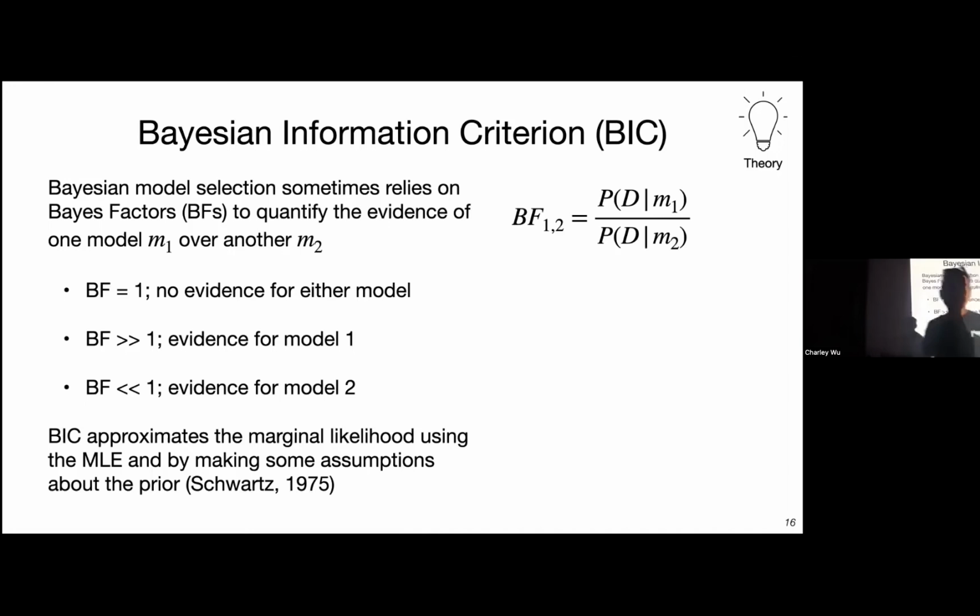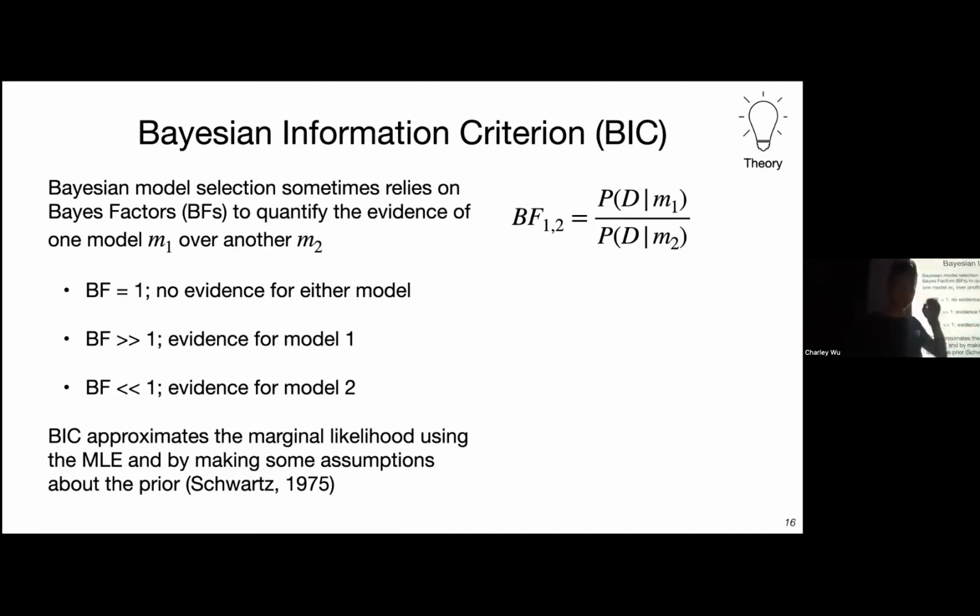Bayes factors are maybe being used less and less these days for model comparisons, but we can talk about that later. In general, a Bayes factor of 1 means the ratio is equivalent, so there's no evidence for either model, exactly even evidence. When the Bayes factor is much larger than 1, model 1 is much more likely than model 2, so we have strong evidence for model 1. When that value is much smaller than 1, we have evidence for model 2 instead of model 1.